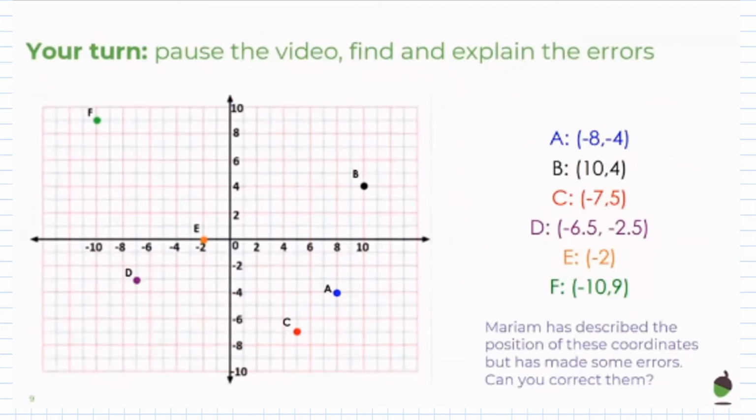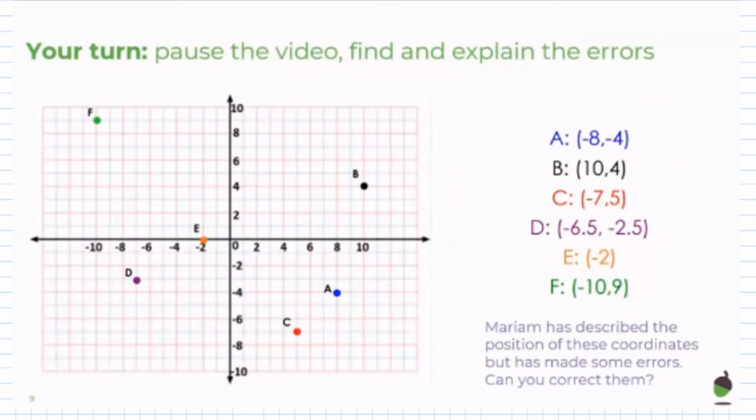But actually the point is at +8. So that coordinate should be 8, not -8. And then just to double check, for the y coordinate, have I gone to -4? Yes, I have. So A should be (8, -4).